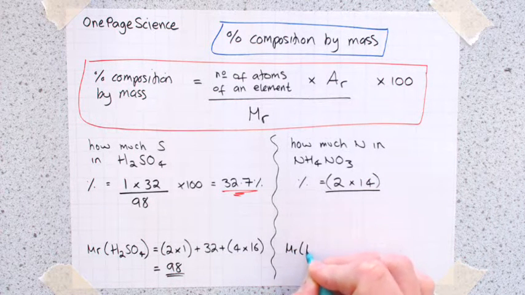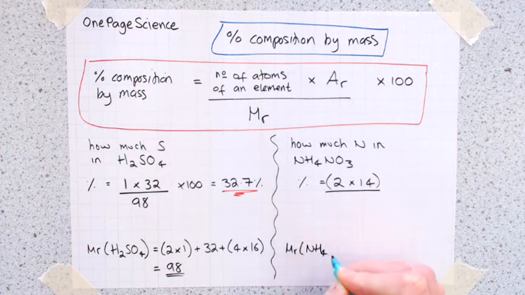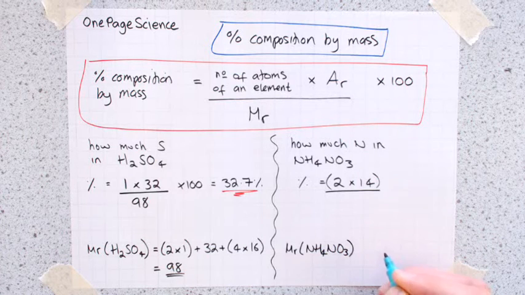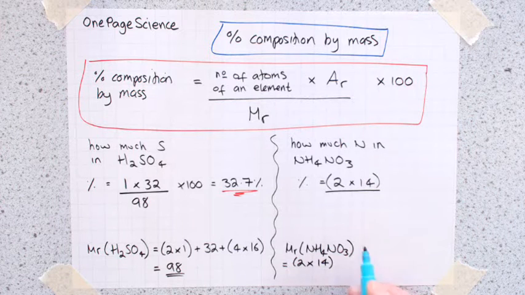The relative molecular mass for NH4NO3 equals, there's 2 nitrogens, so 2 times the relative mass of nitrogen, which is 14. We've got 4 hydrogens.